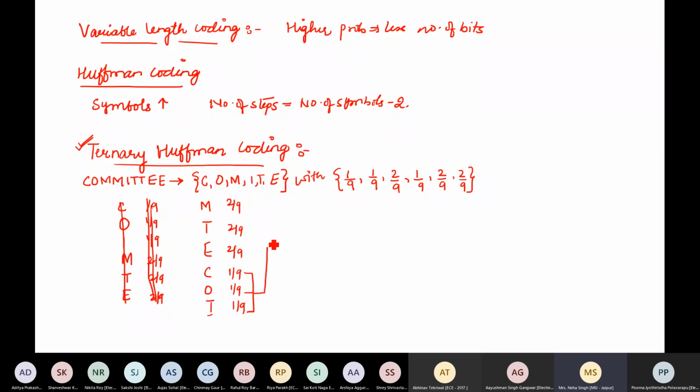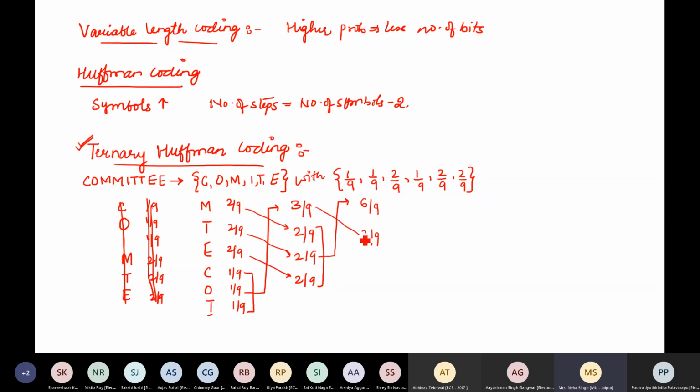I place this higher probability on the top, 3 by 9, and place the 2 by 9 entries as they are, shifting one. Now I add the last three smallest probabilities. This gives me 6 by 9. I arrange this again in decreasing order, 6 by 9 and 3 by 9.